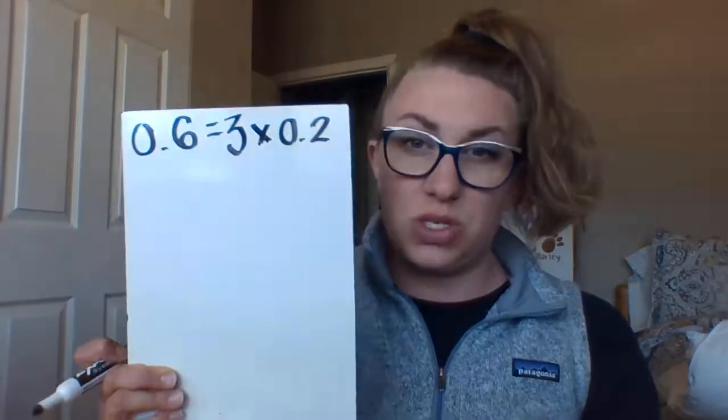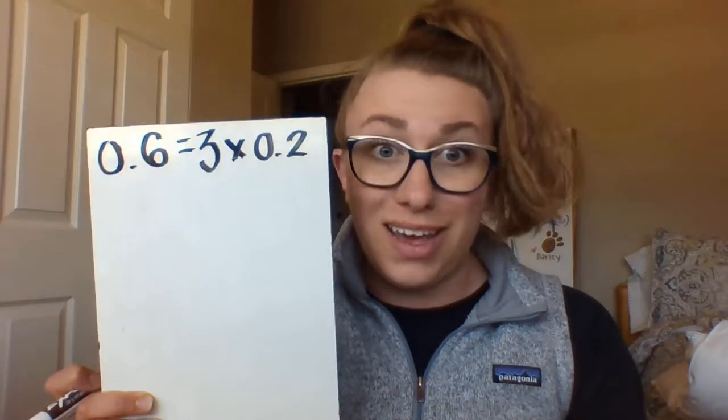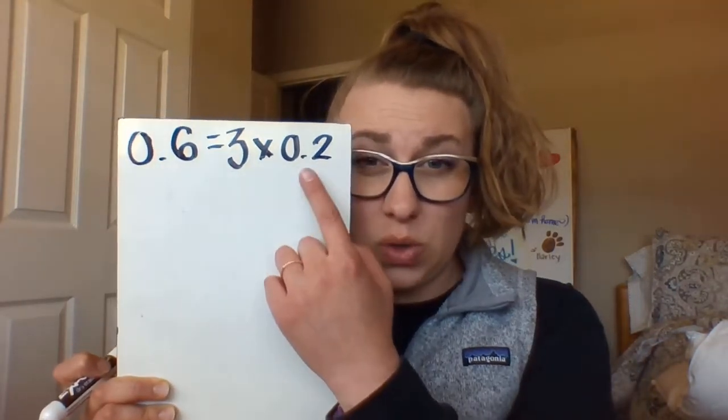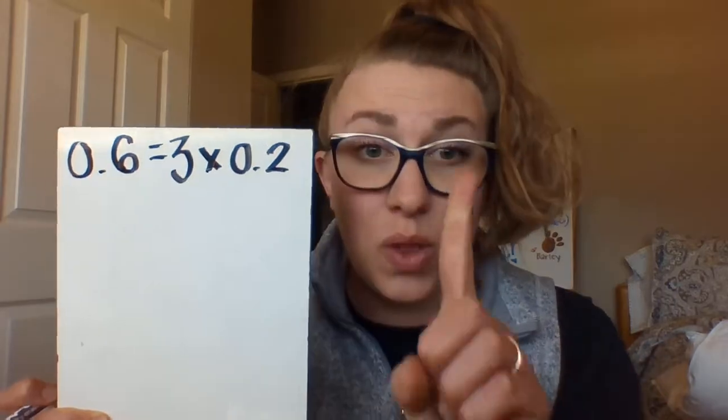So if I have 6/10 or 0.6, isn't that the same as 3 times 0.2 or 2/10? 3 times 2/10. Yeah, it absolutely is. And what do we know that 2/10 is the same as? 1/5. So I could also write this as 6/10 is the same as 3 times 1/5.